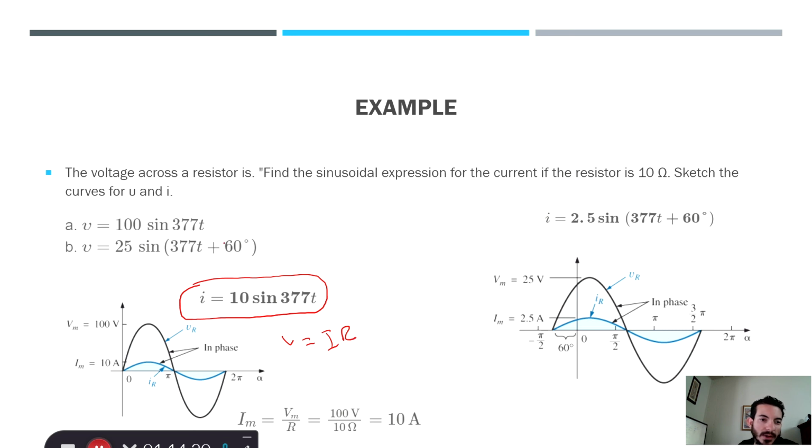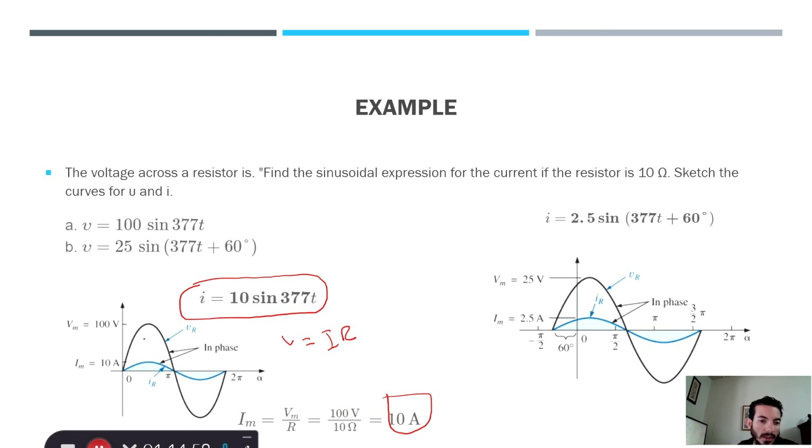Since they're asking for the current, we already have V but we don't have I, so I equals V divided by R. So 100 volts divided by 10 ohms gives us 10, right? 100 divided by 10 equals 10. And since there's no phase difference, the only thing we have to do is draw our 10 sine 377t with no offset.